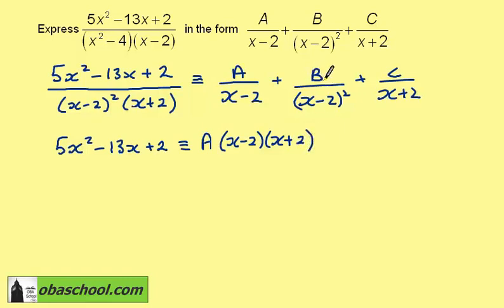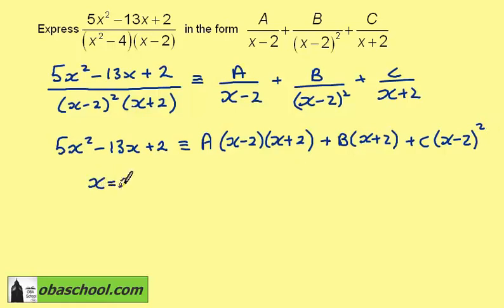If we multiply this term by the denominator, then the (x − 2) squared will cancel with the (x − 2) squared, giving us b times (x + 2). Multiplying this term by all of this means the (x + 2)'s cancel, leaving us with c times (x − 2) all squared.